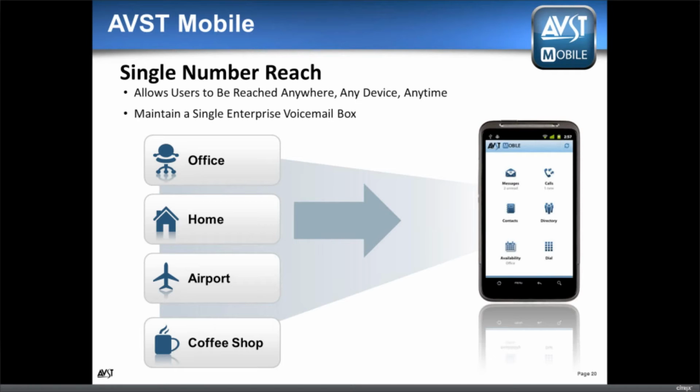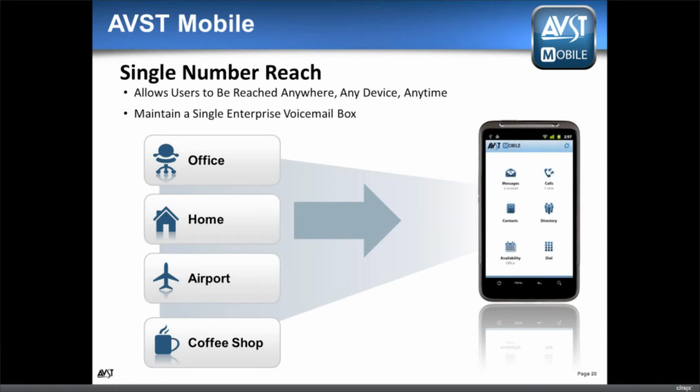And then from noon to 1, send it to my mobile phone because I'm probably out for lunch. And then I'm going to work at home, so from 1 to 5, send it to my home office number. And if I don't answer, send it to my mobile phone. So that whole concept of routing calls to the best location or best device and controlled completely by the user is the other part of single number reach.